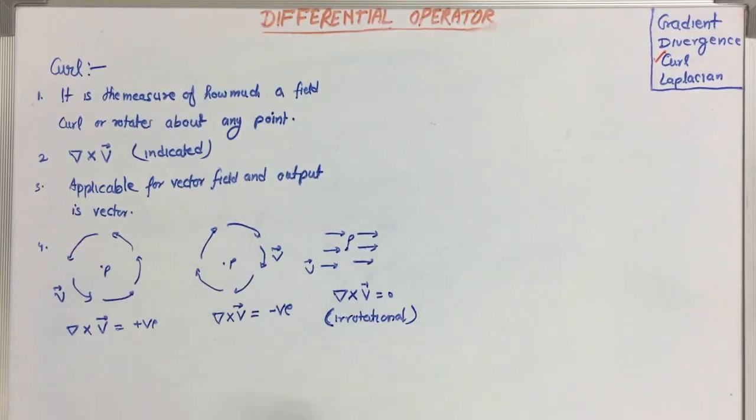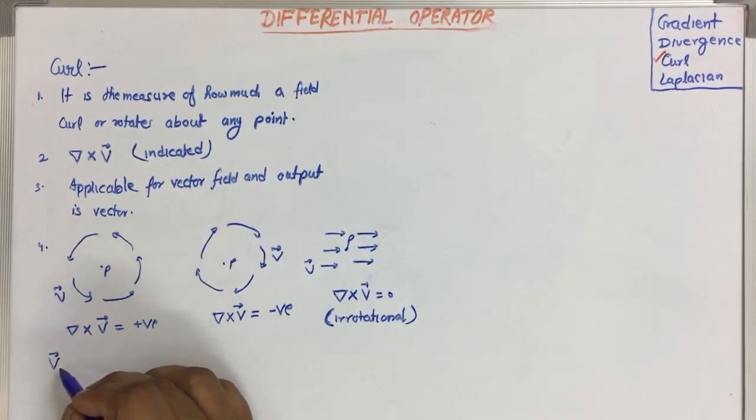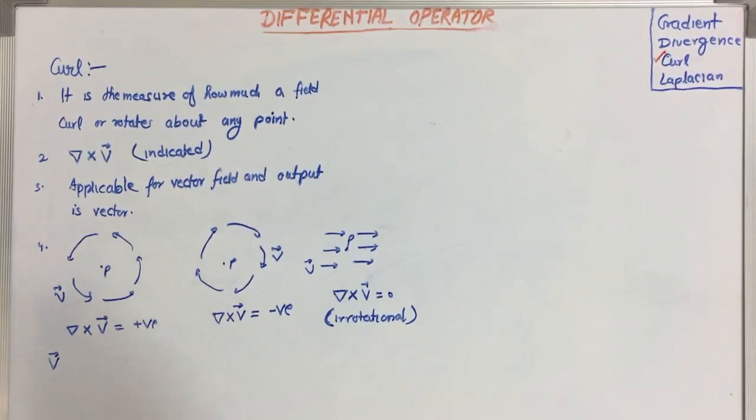Now we can define the definition of curl. Suppose there is any vector field V and we want to define the curl of V, then it is the maximum circulation of field V per unit area as the area tends to minimize.